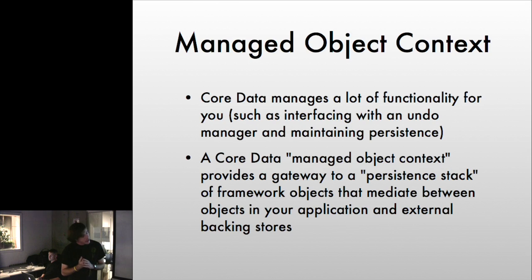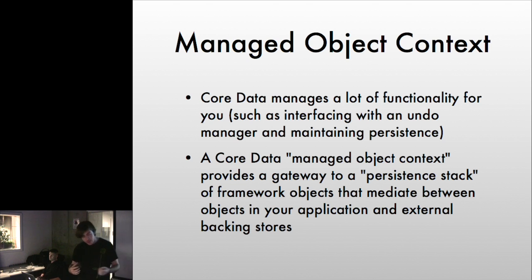Okay, so one of the core ideas of Core Data is what they call a managed object context. Core Data manages a lot of functionality for you. Like I said, including interfacing with the undo manager, and maintaining persistence, making sure that it stays consistent and on disk and all those good things.